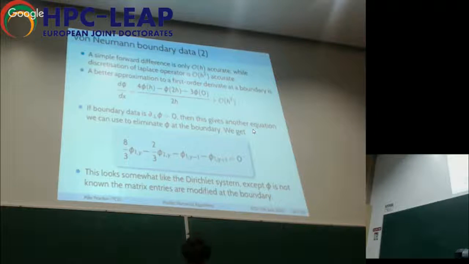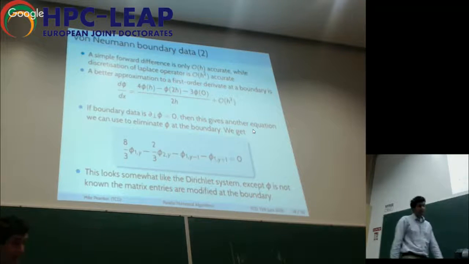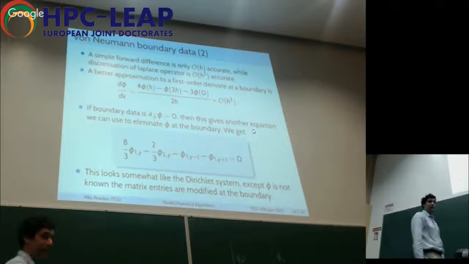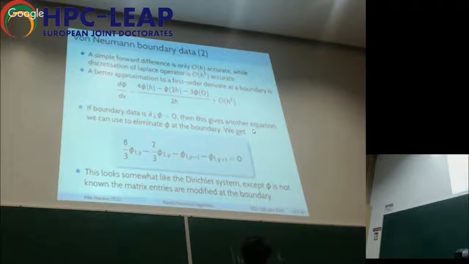So, here's my boundary, with phi 0 the value of phi here, and my first grid point, phi 1 here. I can obviously write down a representation of the derivative by taking the difference between these two things. And if I think of the Taylor expansion about this point, you can see that represents the derivative with respect to the x coordinate at x equals 0. So that's a simple thing to do.